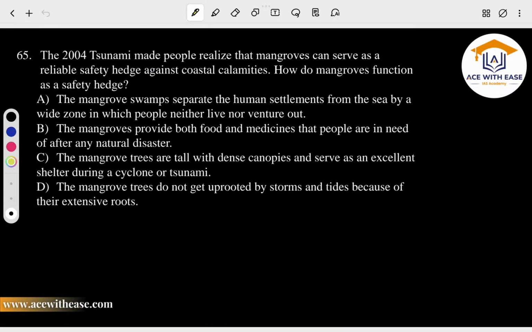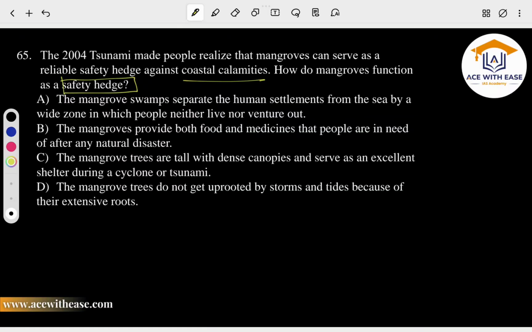65. In 2004, tsunami made people realize that mangroves can serve as a reliable safety hedge against coastal calamities. How do mangroves function as a safety hedge? Options. The mangrove swamps separate human settlements from the sea by a wide zone in which people neither live nor venture out. No. The mangroves provide food and medicine that people need after the natural disaster. See, mangroves provide food and medicine but that is not related to the natural disaster, though generally correct.